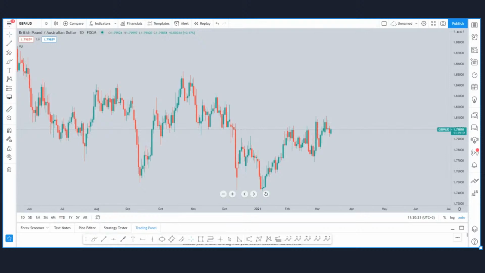Okay, so I have a setup in the Pound Australian in MetaTrader. We're just gonna have a quick look here and explain what's going on.